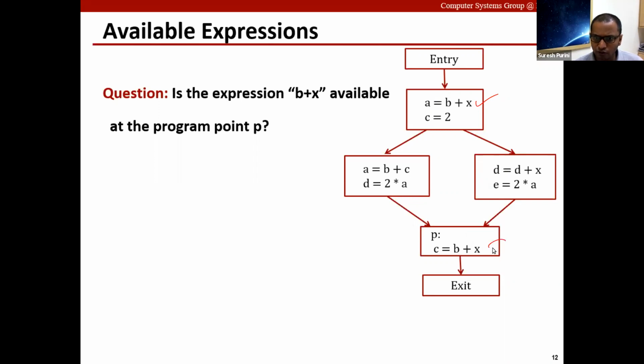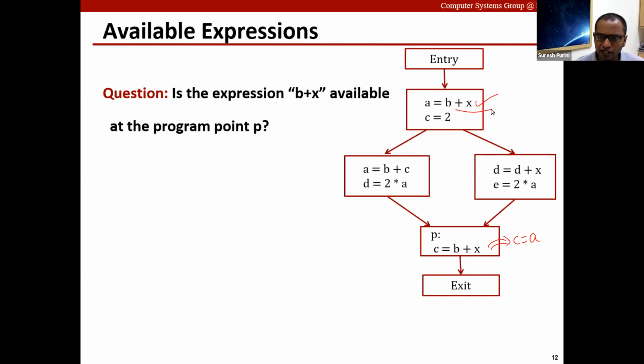Maybe we can transform this module by saying C is equal to A. I know there are problems here because A is occurring on the LHS here. So maybe if we transform this code into SSA form and then try to do available expressions analysis, we might be able to easily eliminate the redundant computation at this instruction.